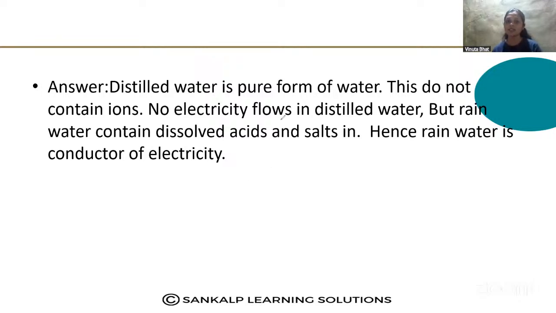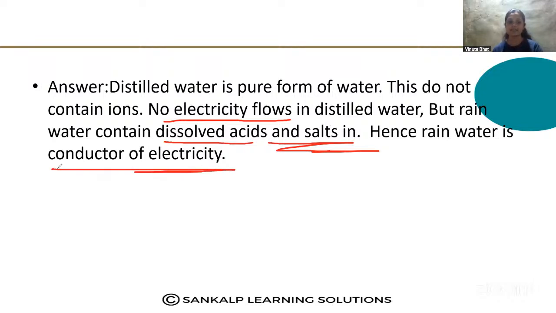So no electricity flows. For electricity it requires ions, H plus ions are required, but H plus ions are not there. But rainwater contains dissolved acids and salts. So hence rainwater conducts electricity.